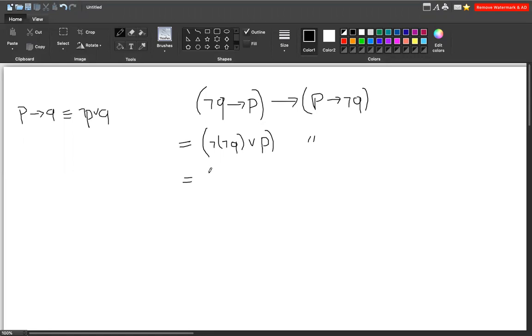Now we apply negation, and the negation of that is Q or P.